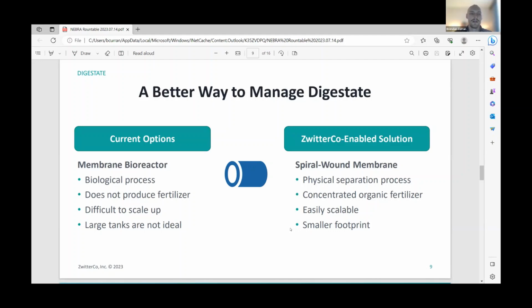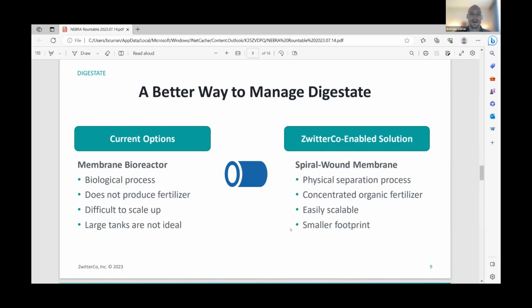This is a comparative analysis of an NEDR versus a spiral wound element, which would be a ZwitterCo plus RO membrane setup. An NEDR is a biological process, whereas a spiral wound ZwitterCo enabled solution is a physical separation process. The NEDR is converting the nitrogen, and the spiral wound ZwitterCo enabled solution is concentrating that nitrogen instead.